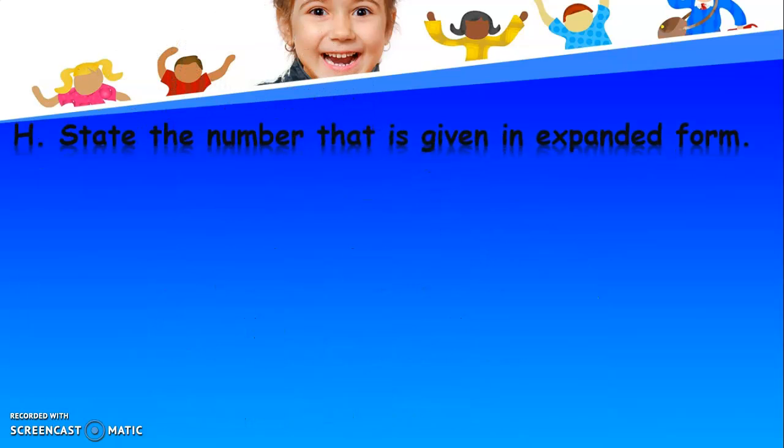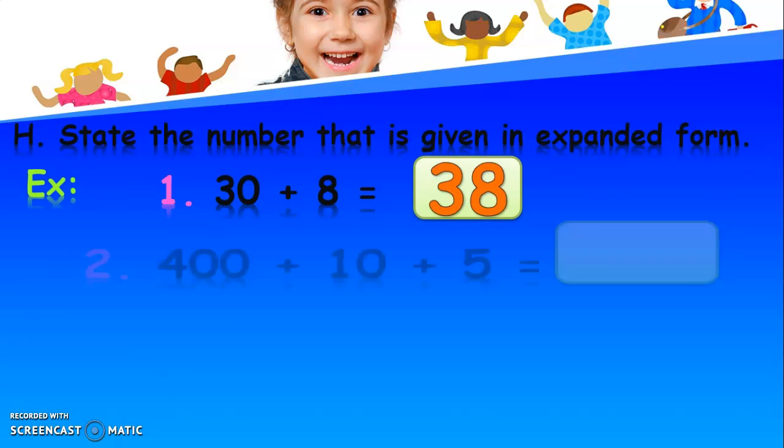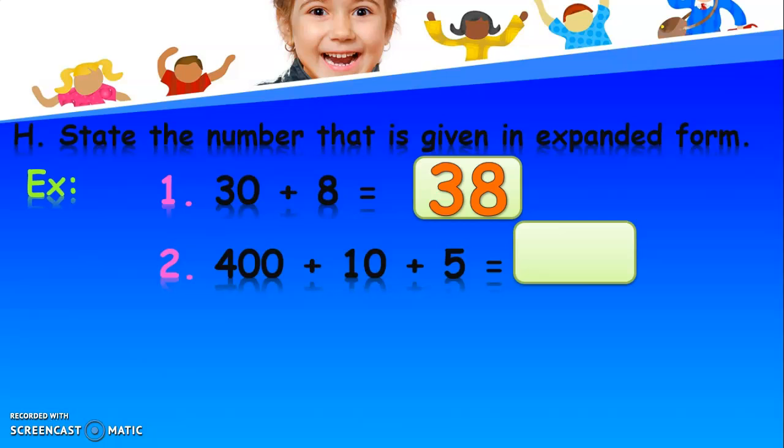So for letter H, we have to state the number that is given in the expanded form. For number 1, 30 plus 8 equals 38. For number 2, 400 plus 10 plus 5 equals 415.